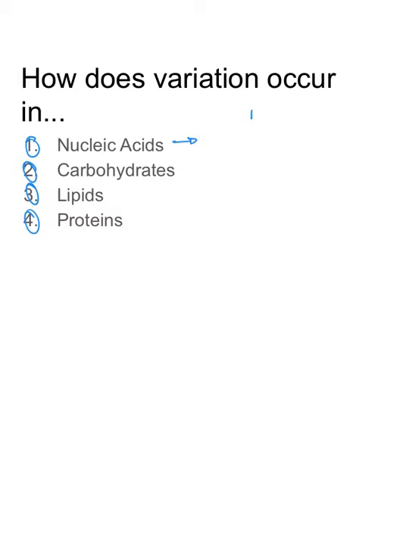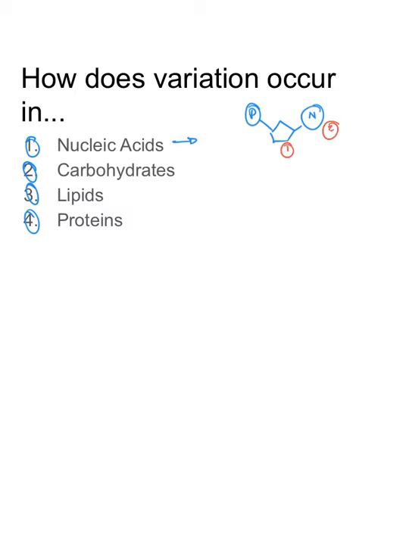Okay, so first remember there's always a phosphate group, a 5-carbon sugar, and a nitrogenous base. That is characteristic of a nucleic acid. Okay, now how can these differ? Variation occurs in two things. One, in the 5-carbon sugar, and two, in the nitrogenous base.